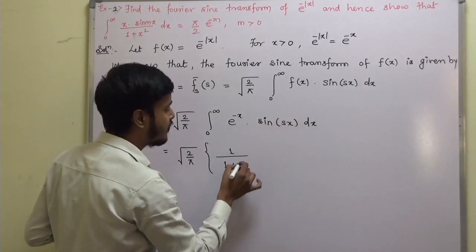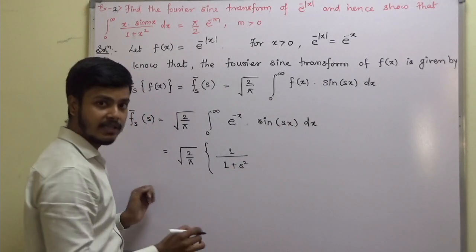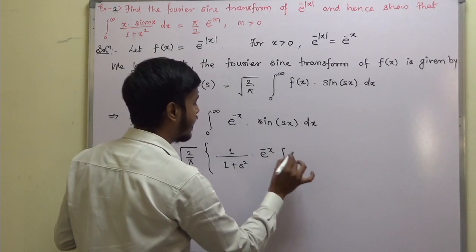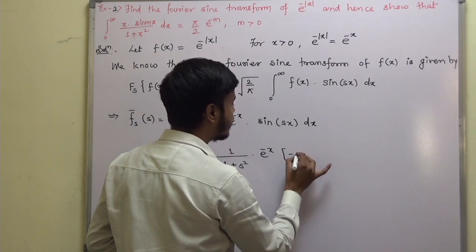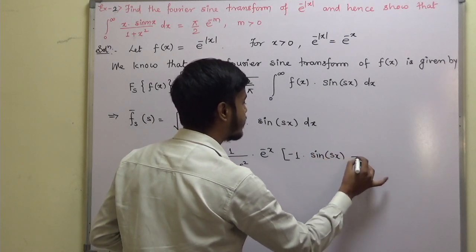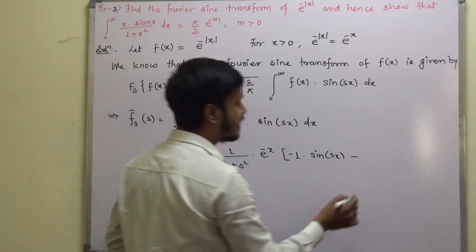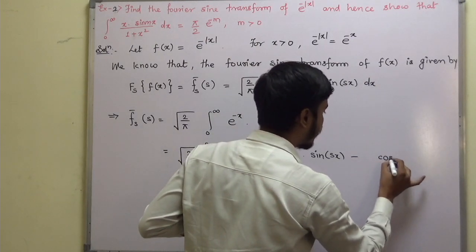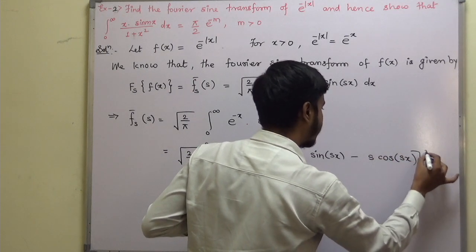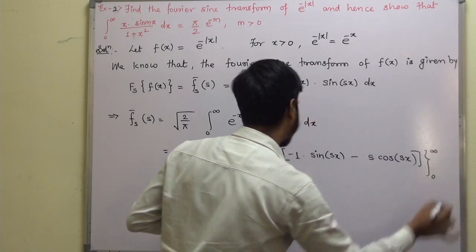Next, coefficient of x, that is s square. Clear? Then write down e to the power minus x as it is, and in bracket you will have minus 1 into sine of s of x minus, what is the derivative of sine s of x? That is cos s of x into s, and then the limit 0 to infinity.